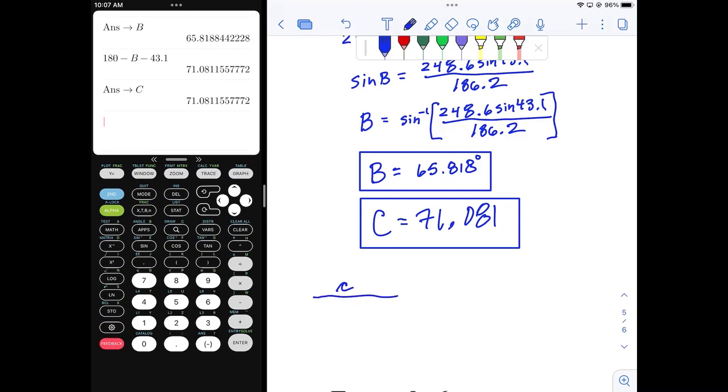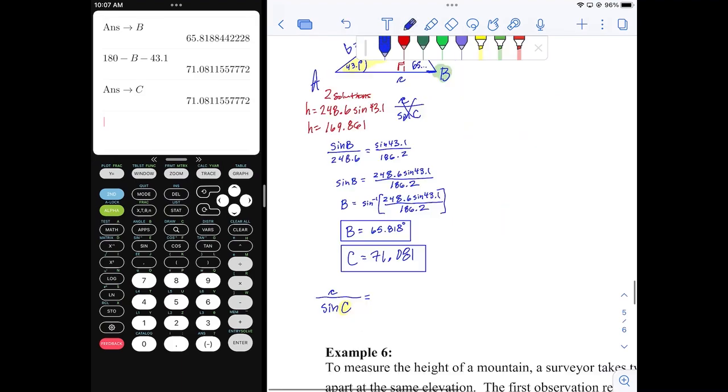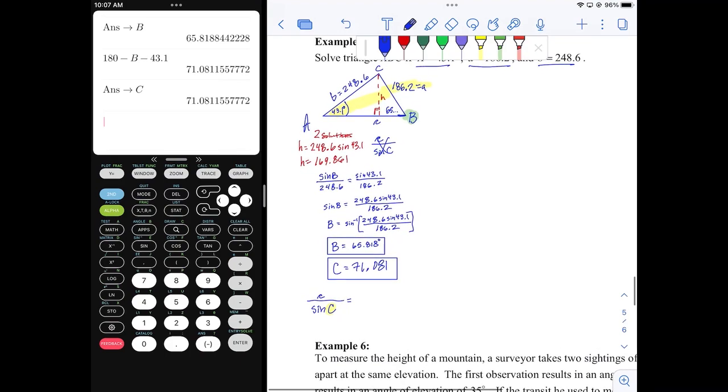Now we'll do little c over sine of big C. And if you want to put big C there instead of 71.081 dot dot dot, that's fine. That's a reminder to yourself to use the stored value. And then it equals the pivot guy. The pivot guy is still going to be 186.2 all over sine of 43.1.